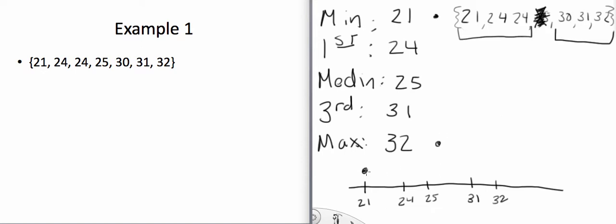I put a dot at the min and a dot at the max. All these other values are represented by vertical lines. So now I've got a vertical line at 24, a vertical line at 25, and a vertical line at 31, and I connect those. That makes my little box, and we connect those by drawing little lines there. This is our box plot right there.